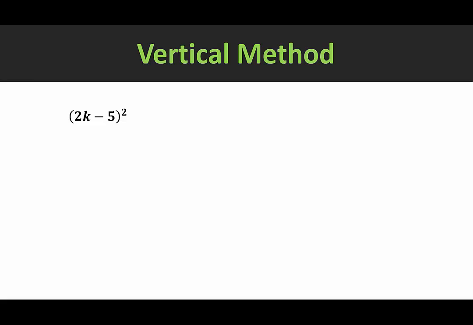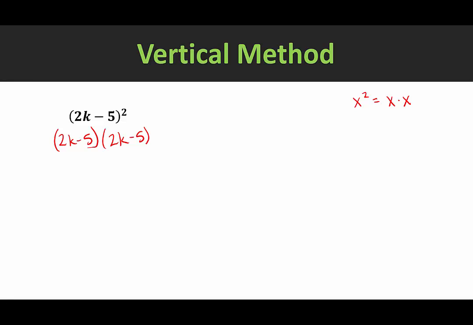Two more examples. Here I have a binomial that's squared. Remember, if I have x squared, that's like saying x times x. So 2k minus 5, the quantity squared, that's like saying 2k minus 5 multiplied by 2k minus 5.